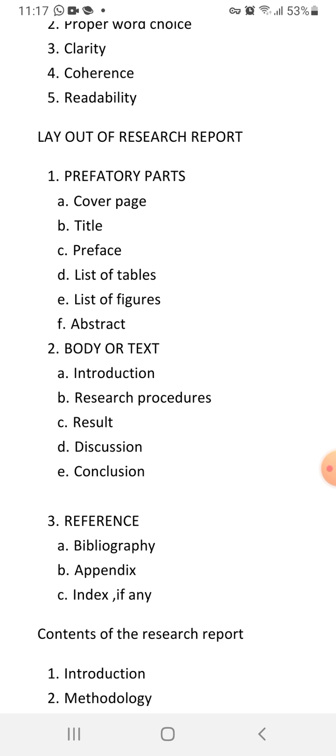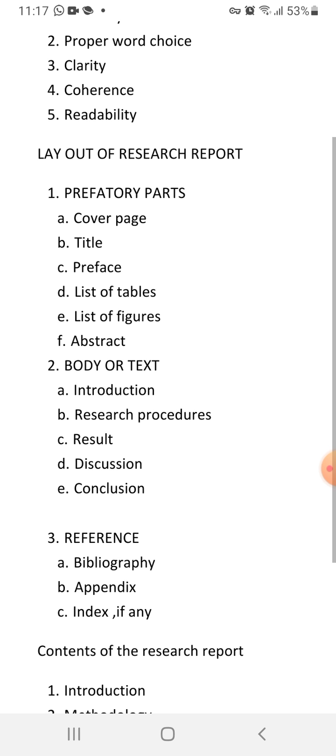Cover page contains only the title, the first page, cover of your report, which contains the title and who prepared the report, to whom the report is presented, etc. Such things should be included in the cover page.